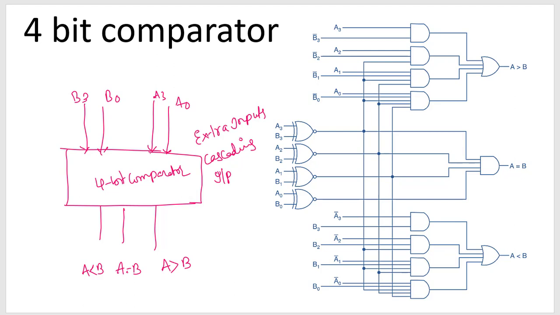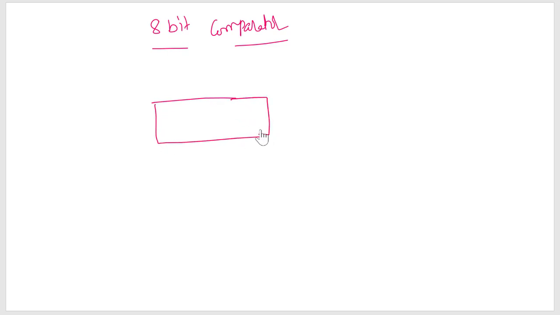Suppose let's take an 8-bit comparator. Suppose you want to compare 8 bits. In this case, you are going to use 2 comparator circuits, one for lower order bits and one for higher order bits. I am going to show you what kind of cascading input you are supposed to have. This is one 4-bit comparator, and this is another 4-bit comparator.